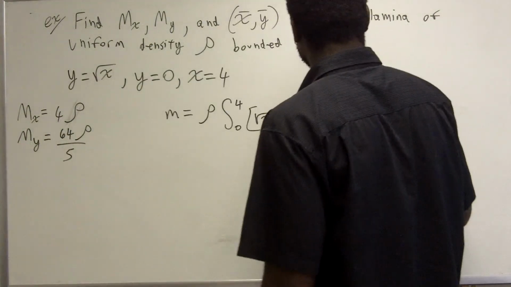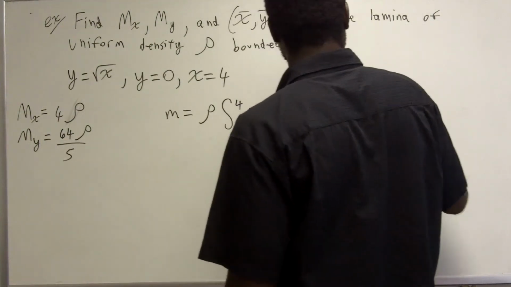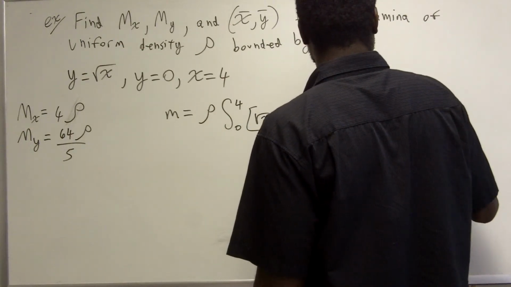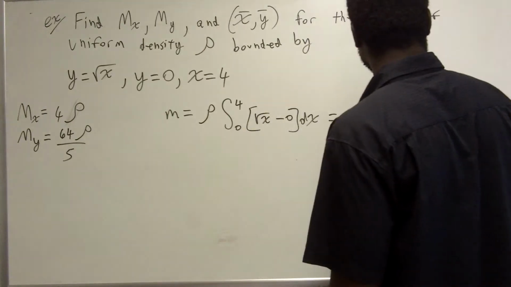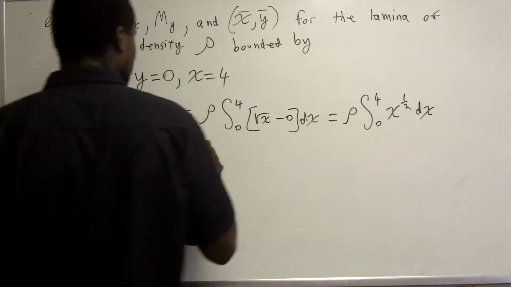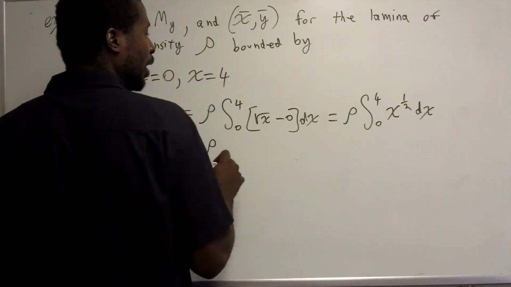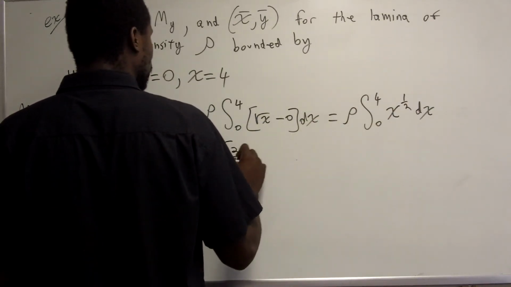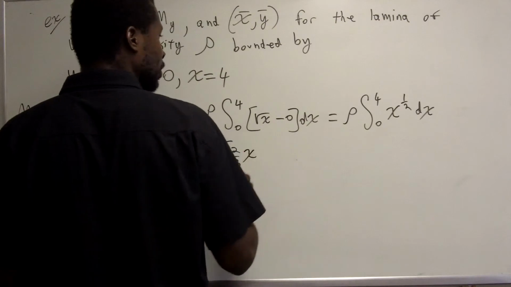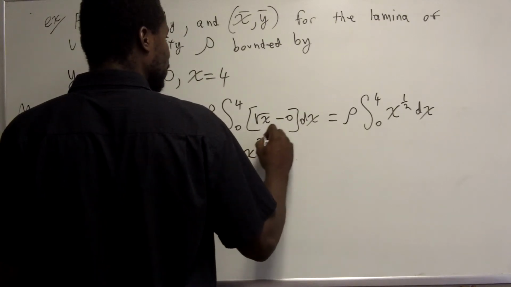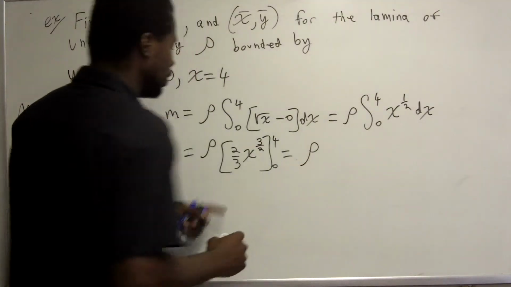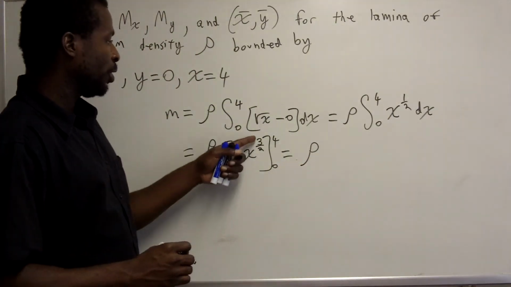So it turns out that the mass is rho times the integral from 0 to 4 of x to the 1/2 power dx, which is rho times, you add 1 to 1/2, you get 3/2, so that's 2/3 x to the 3/2 power from 0 to 4, which is rho times 2/3 times 4 to the 3/2 power.